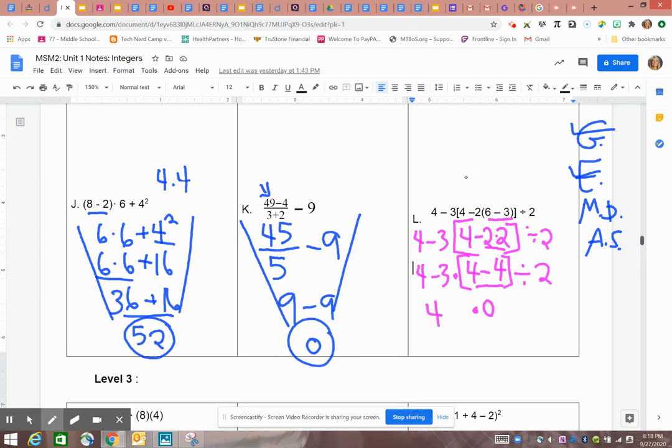So I've got 4 minus 3 times the bracket result, divided by 2. So PEMDAS says we have to follow now our multiplying, dividing in order from left to right. So I've got to do this 3 times the bracket value. So I've got 4 minus that product divided by 2.